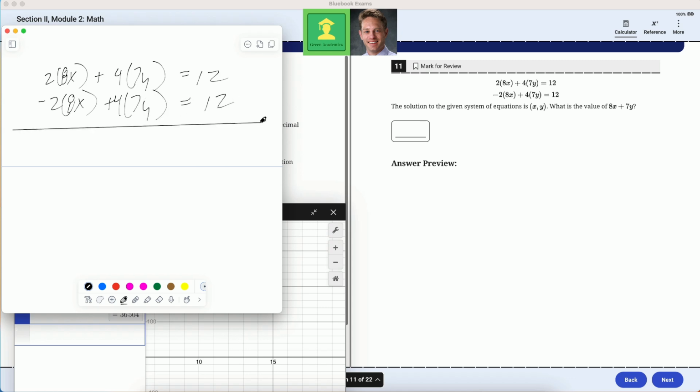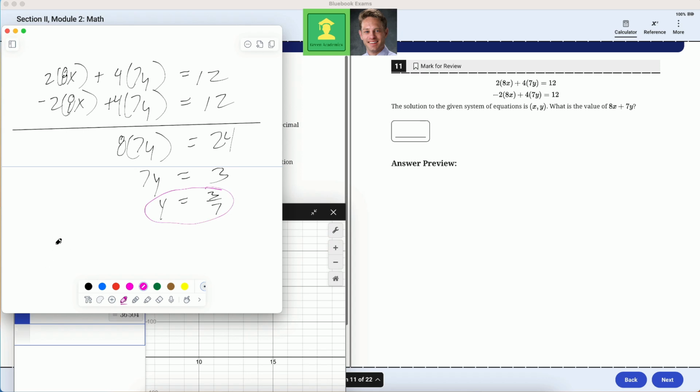So if you simply add, you're looking at this being 24, which is to say that this is 3, so y itself is 3/7.